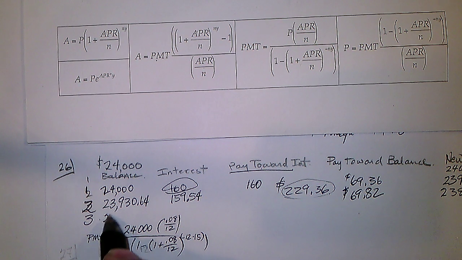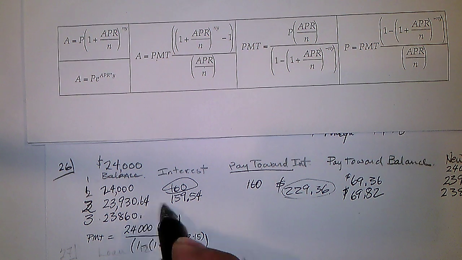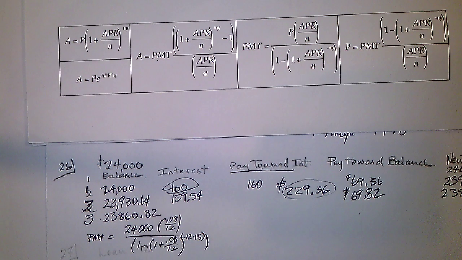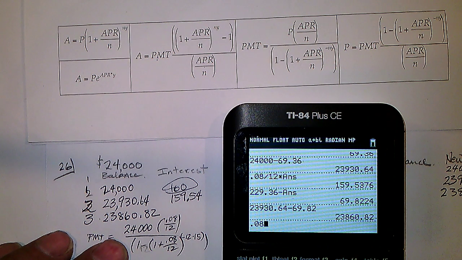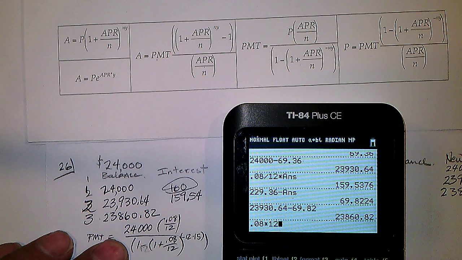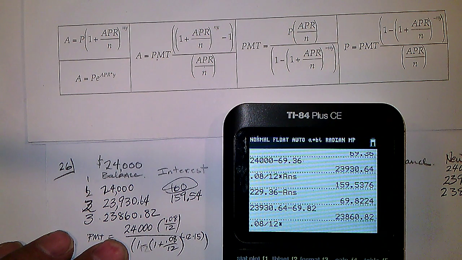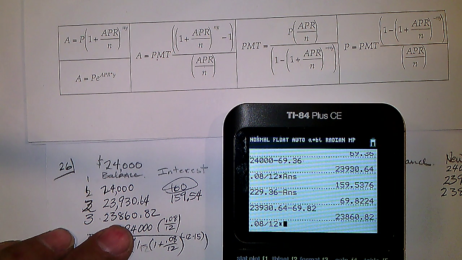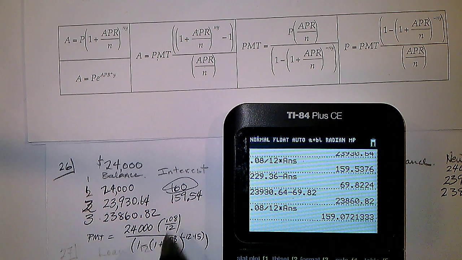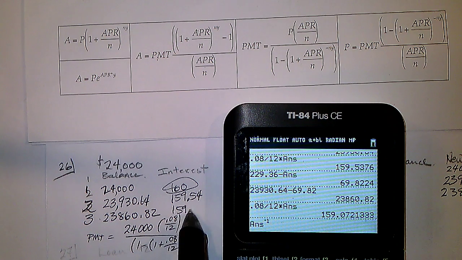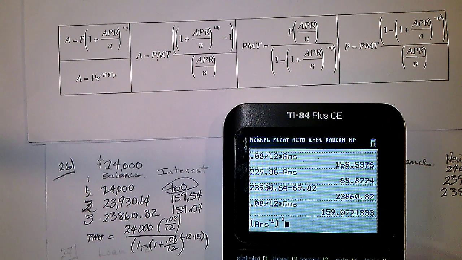That would be 23,860.82. Interest on that would be 0.08 divided by 12, excuse me, times this last answer. Interest is 159.07.